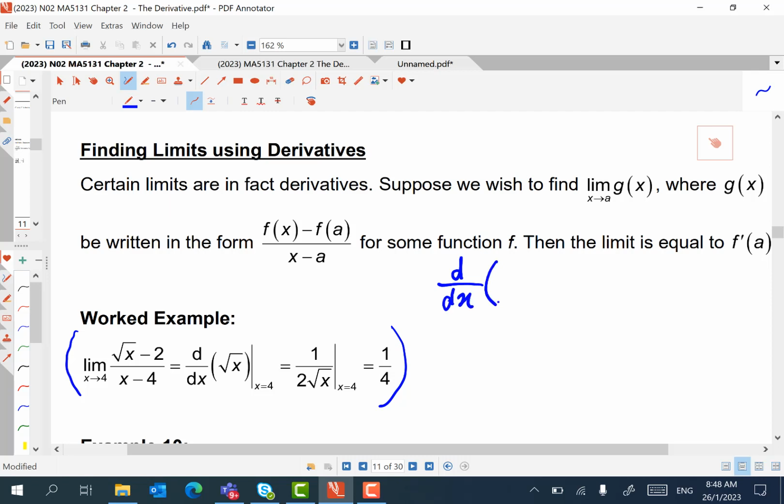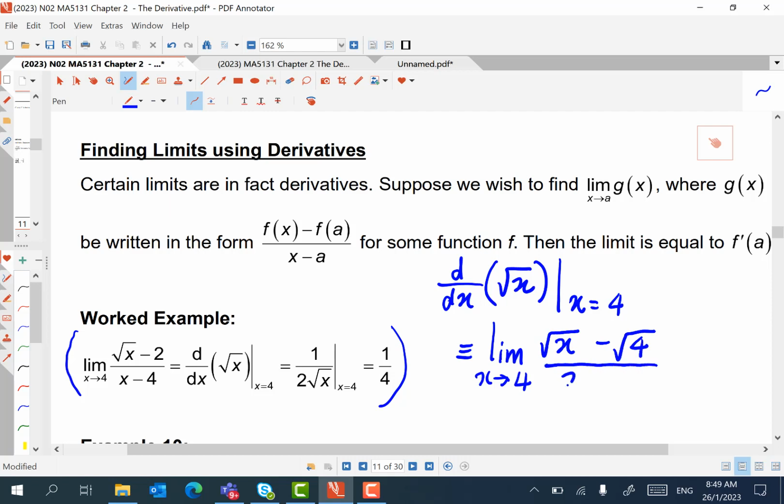The differentiation of this function evaluated at x equals 4. By definition, do you remember what the definition of this is? It is the limit as x goes towards 4 of (f(x) minus f(4)) over (x minus 4).